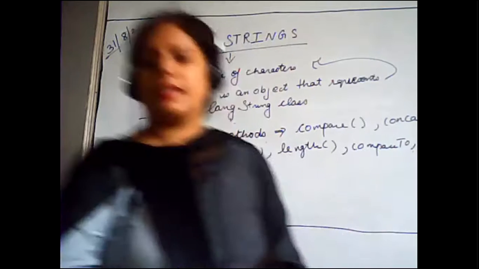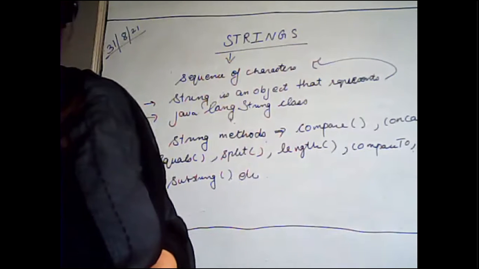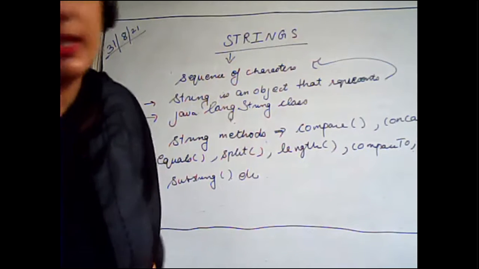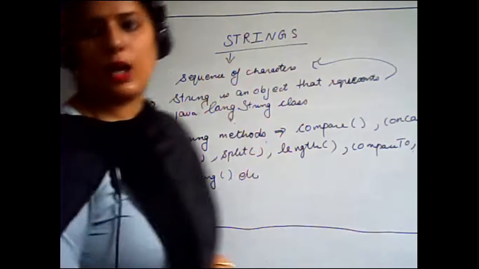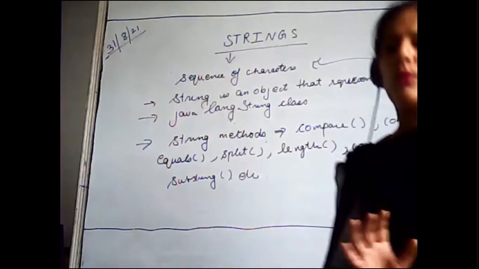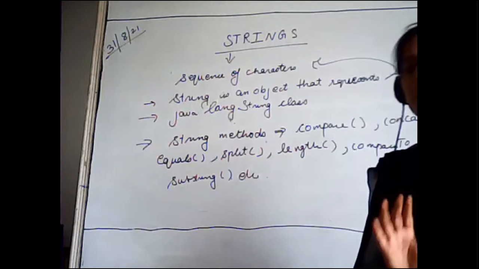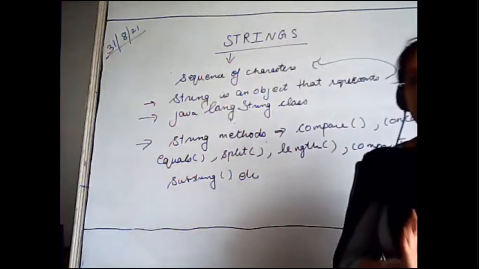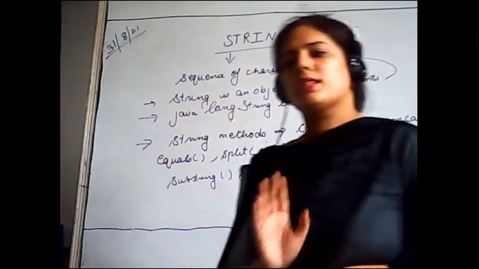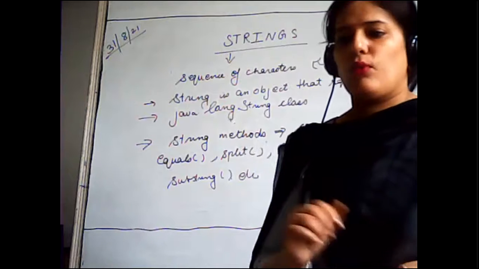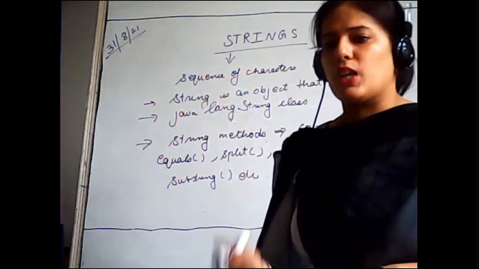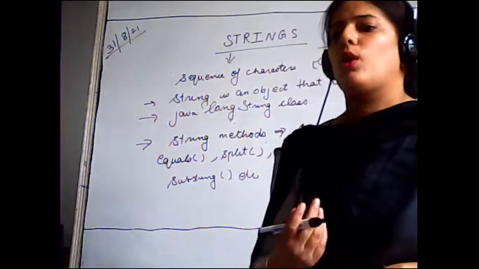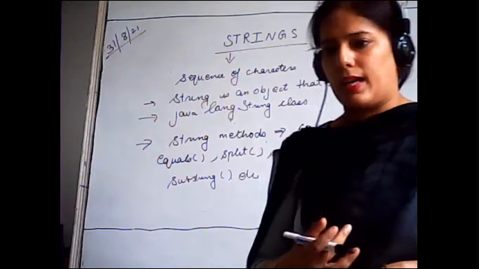So what basically a string is, I will just repeat all these points again. A string, basically, is a sequence of characters. But in case of Java, we represent this string as an object that will represent your sequence of characters. So when we say that anything is an object, that means it must belong to some particular class also.